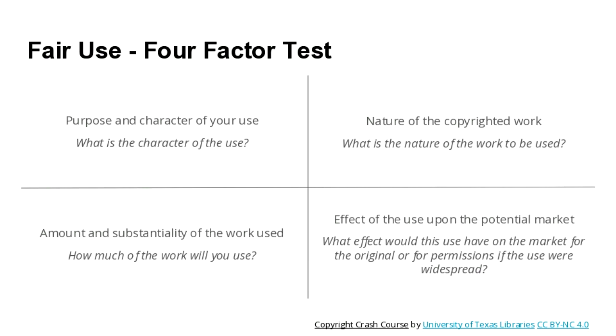And that would be the permission that they are giving you. It could be, absolutely, you can use this chapter of this book for your students this semester if you pay me X amount, which would be a licensing deal. And these are things that the library can help you with if you ever have any questions. But yeah, so permission would be used when you would like to use copyright protected material in a way that would not be covered by fair use.